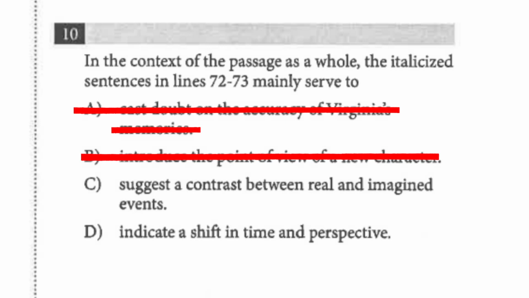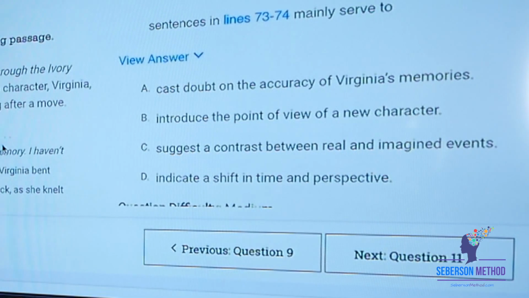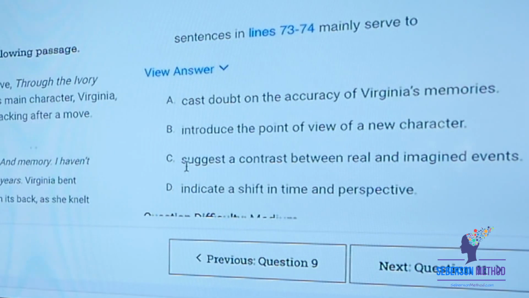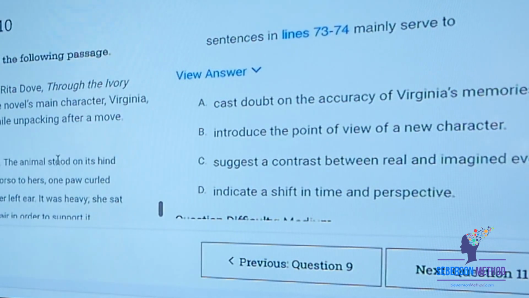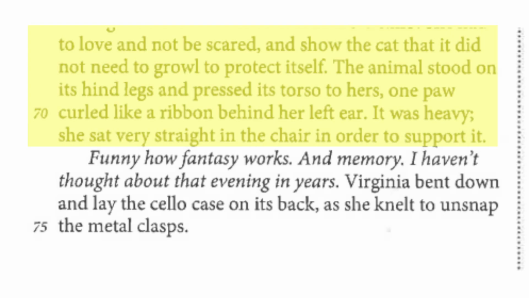C: Suggest a contrast between real and imagined events. Well, it's interesting that this answer choice could potentially work, because right here above, this main character, Virginia, was talking about her cello, her musical instrument, as if it's an animal.